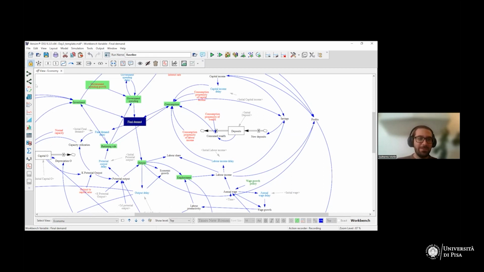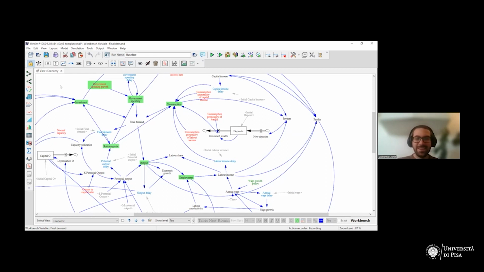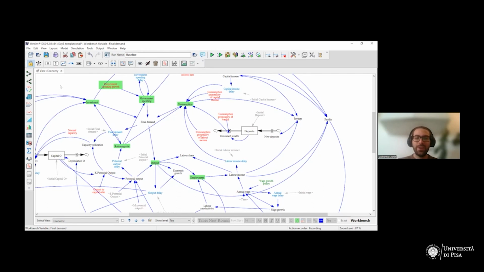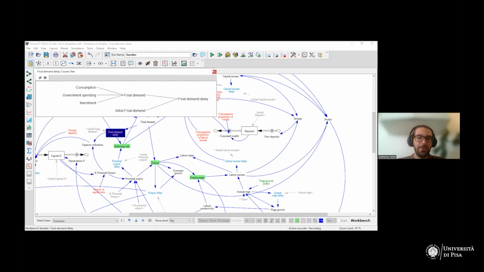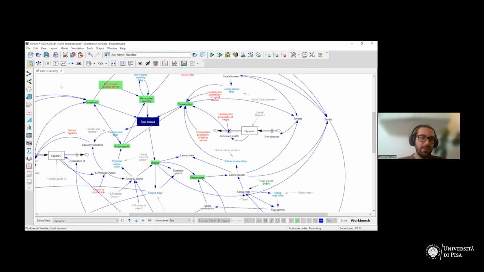This type of thing happens when we are modeling. We find some weird result or some unexpected result, but we want to check how it was generated. So we go looking at the previous variables, what causes them, and we try to find out where this comes from, especially if something is unexpected, right? So we can have final demand.